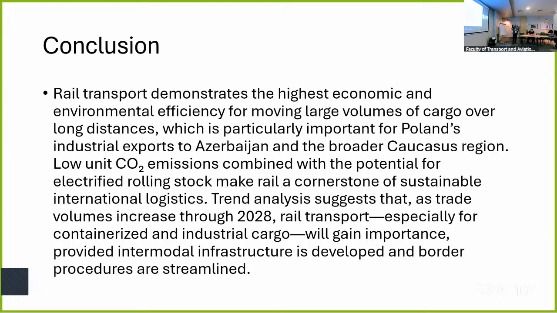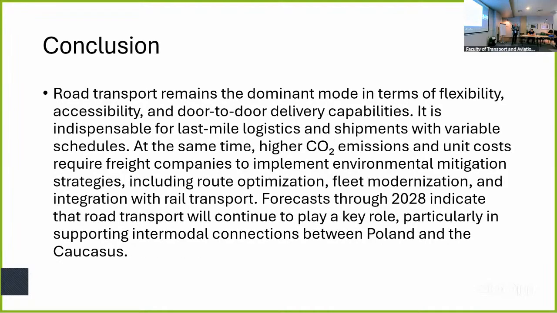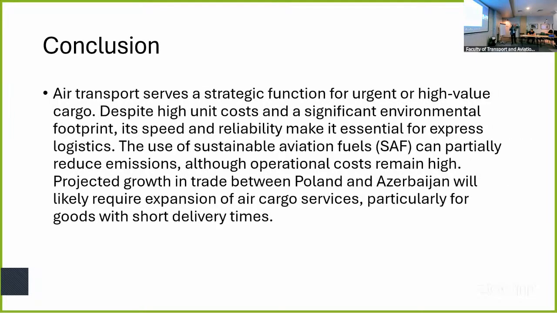And conclusion: rail transport demonstrates the highest economic and environmental efficiency. Road transport remains the dominant mode in terms of flexibility. If we would like to send door to door, road transport will be good. And air transport serves a strategic function for very urgent and high value cargo.